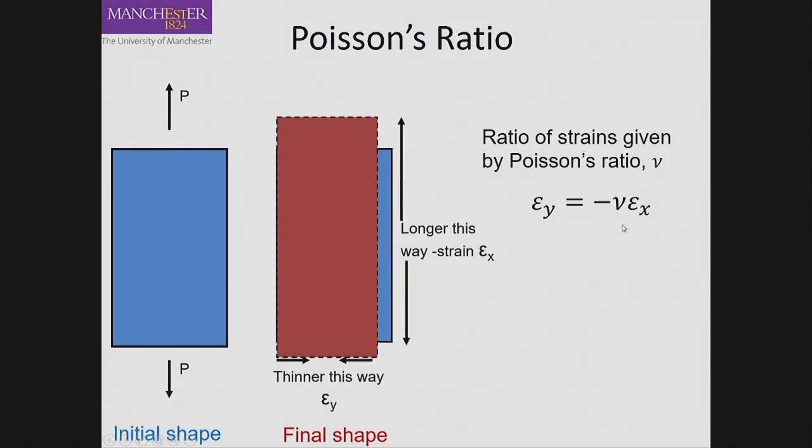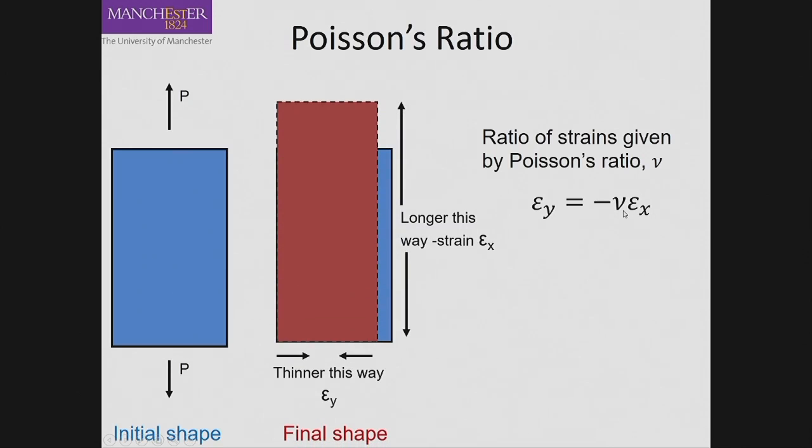And this Poisson's ratio is shown by this Greek letter nu, and as they are of opposite direction, that's why the negative sign. So epsilon y, which is the lateral direction, would be minus nu times epsilon x. So if epsilon x is positive or tensile, then epsilon y would be compressive.